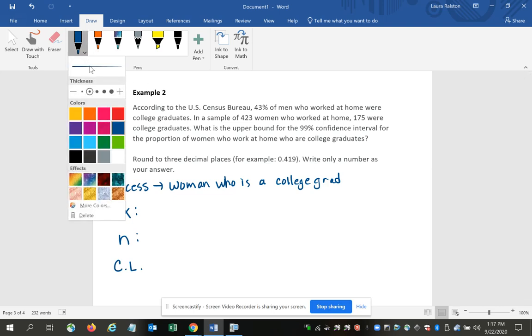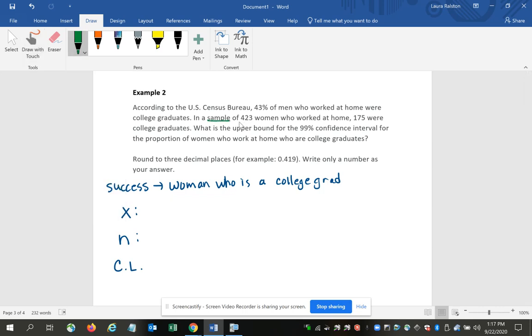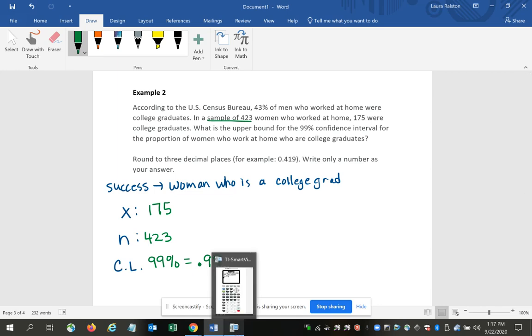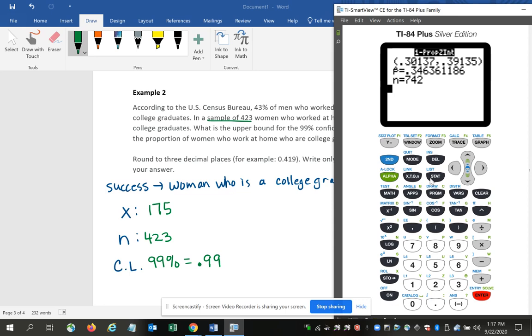Okay, so reading, it says in a sample of 423 women, so our total was 423, 175 of them were college graduates, and we want to find the 99% confidence level. So it's really not much different from the first example, other than you have extra information that you don't need that might trip you up. So be careful.